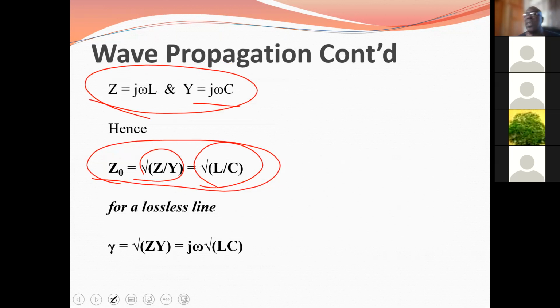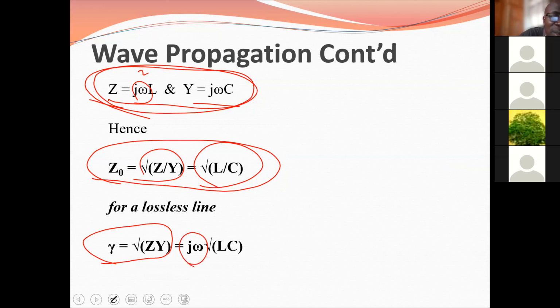If the attenuation is 0, it's also telling us that R is 0. So gamma, which we found to be equal to the square root of ZY, if we multiply these, we're going to get j omega squared times LC. When we find the square root, we're going to get j omega square root of LC.